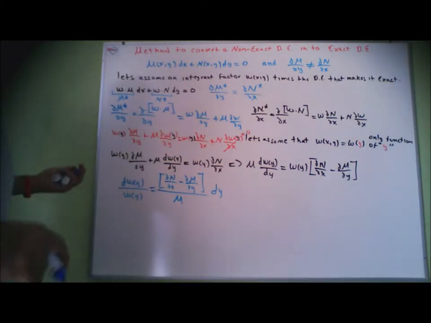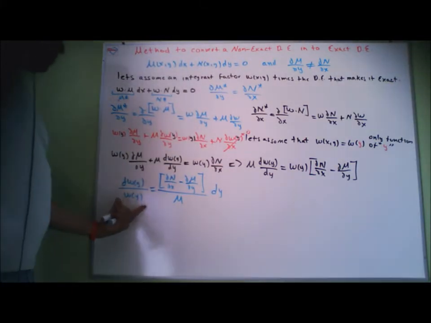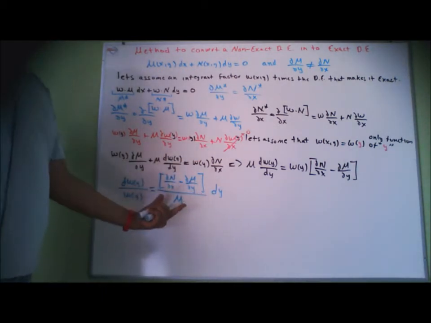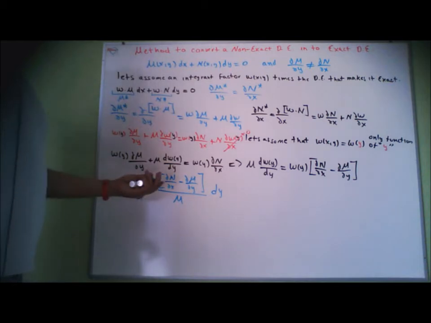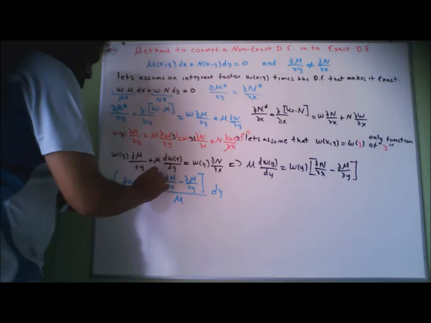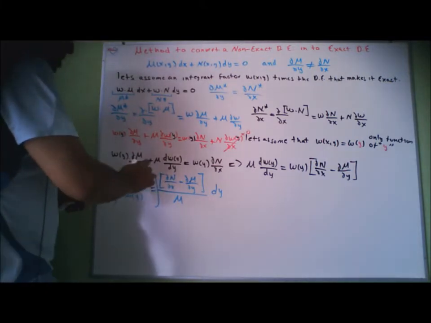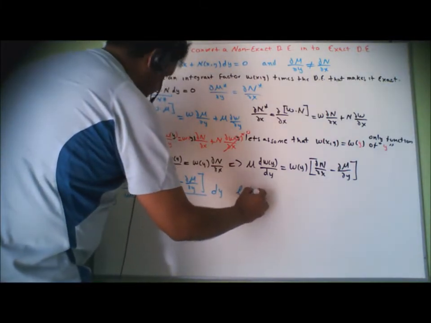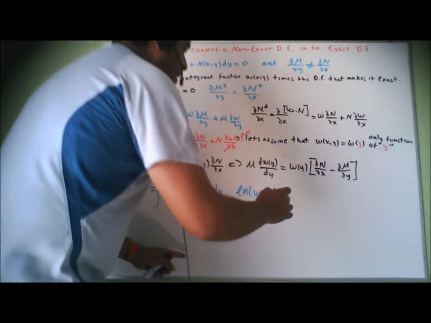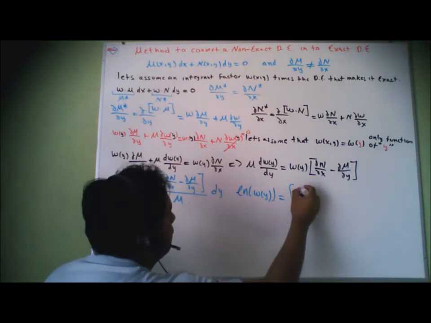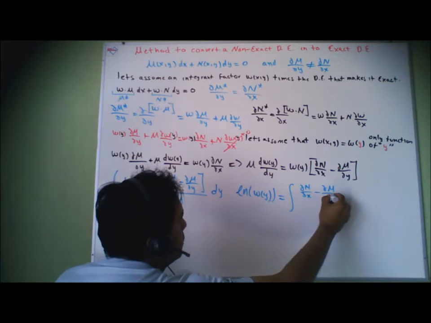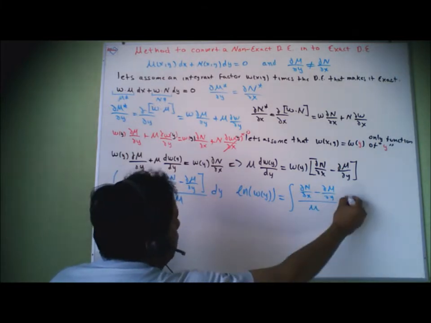You can see it is variable separable because on this side you only have w of y, and here you have only a function of y. Here you will have the same restriction, but let's talk about that later. You are going to take the integrals on both sides. The integral of this is the natural logarithm of w of y, and that is equal to this integral, which we leave as it is: the integral of the partial of n with respect to x minus the partial of m with respect to y over m, differential of y.